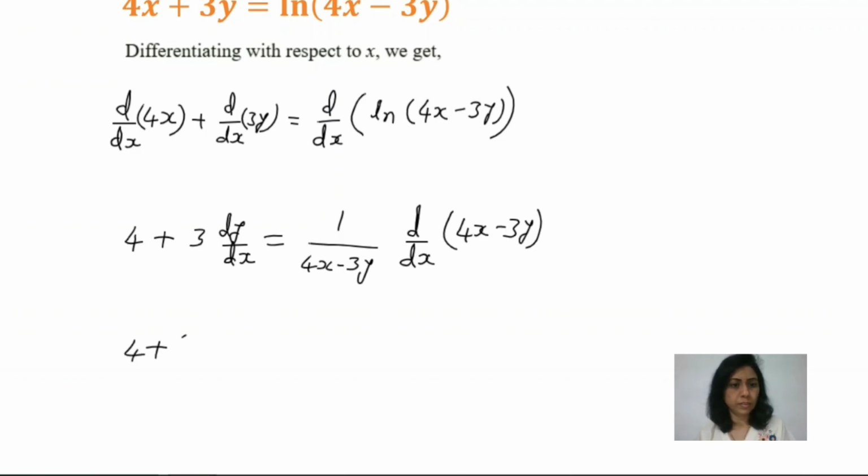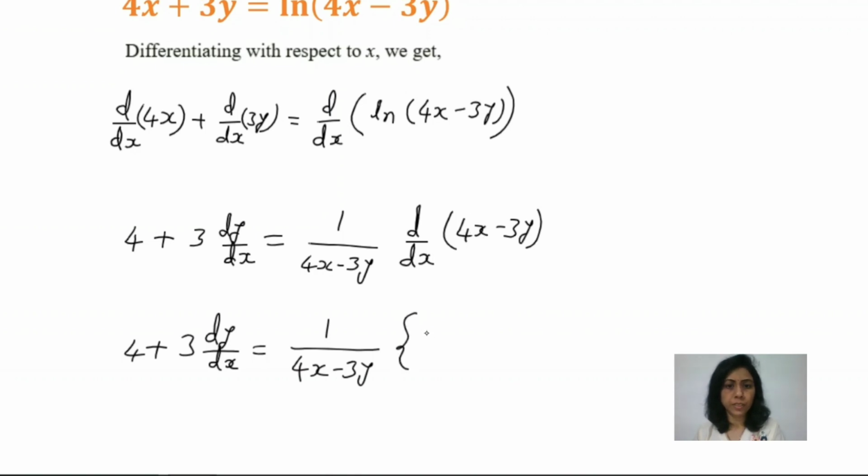4 plus 3 dy upon dx is equal to 1 upon 4x minus 3y. Here when we differentiate, we get 4, and this is 3 dy upon dx.